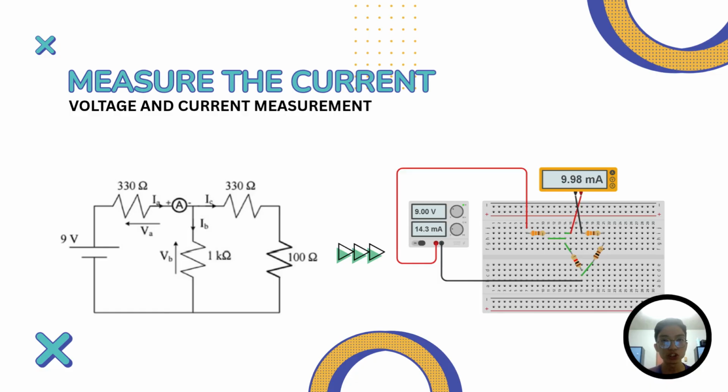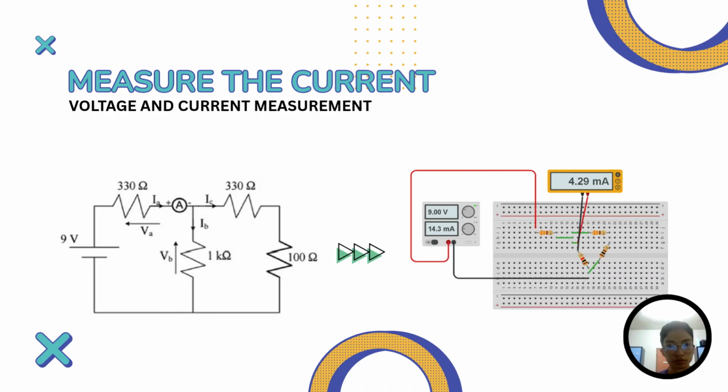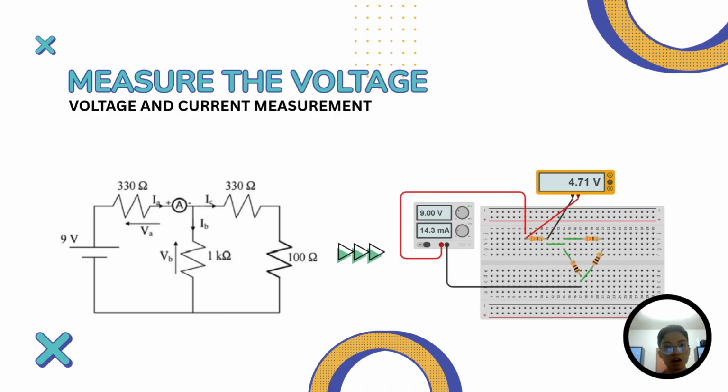The second value, current B, is measured as well when connecting the ammeter in another circuit, and obtains the value of 9.98 milliamps. Current C is also measured when connected with the ammeter and obtains the value of 4.29 milliamps.